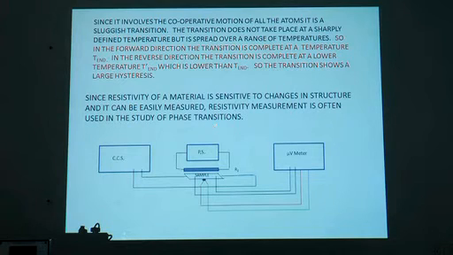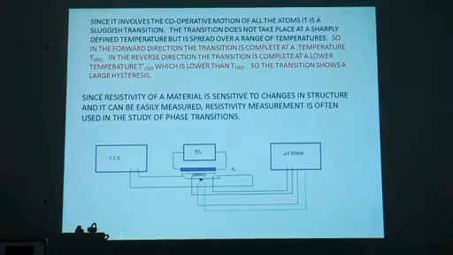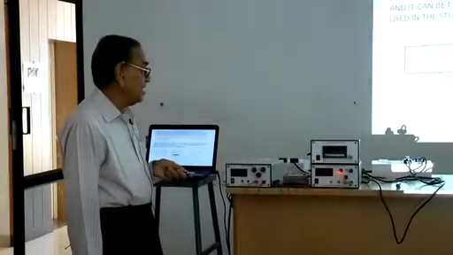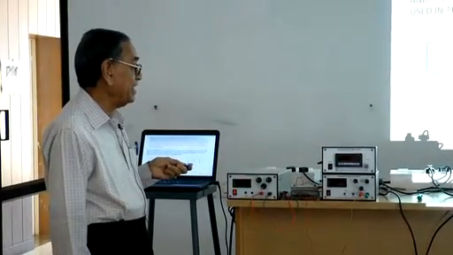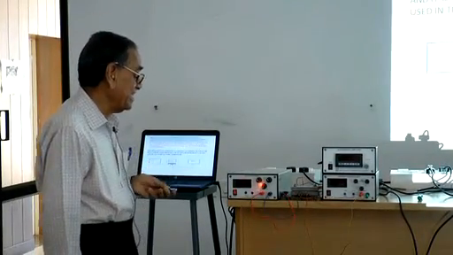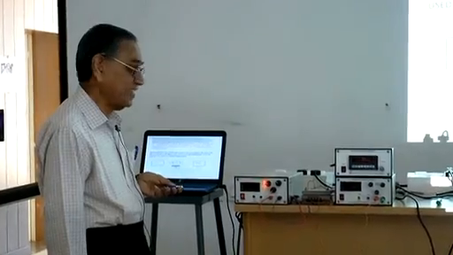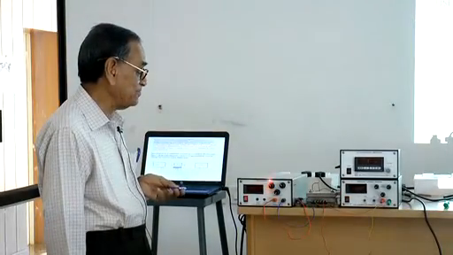This diagram shows the experimental arrangement. We have a constant current source. We have a power supply to heat the heater.